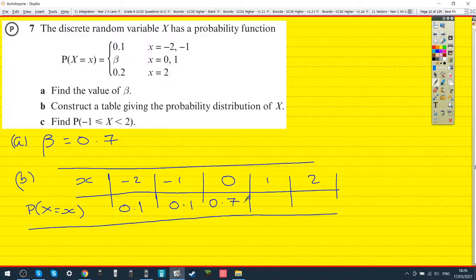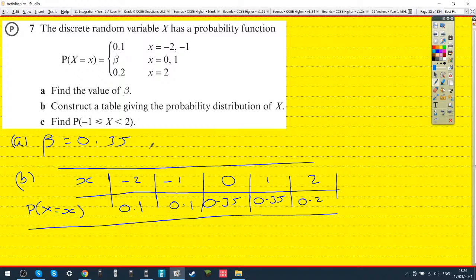No, can't be 0.7. I thought that's what b was, or beta. They have to add up. Aha. So I think the two of them would have to add up to 0.7. So what would each have to be? 0.35. So actually I think our previous one must be 0.35. Okay. Oh, we need to watch out for that.